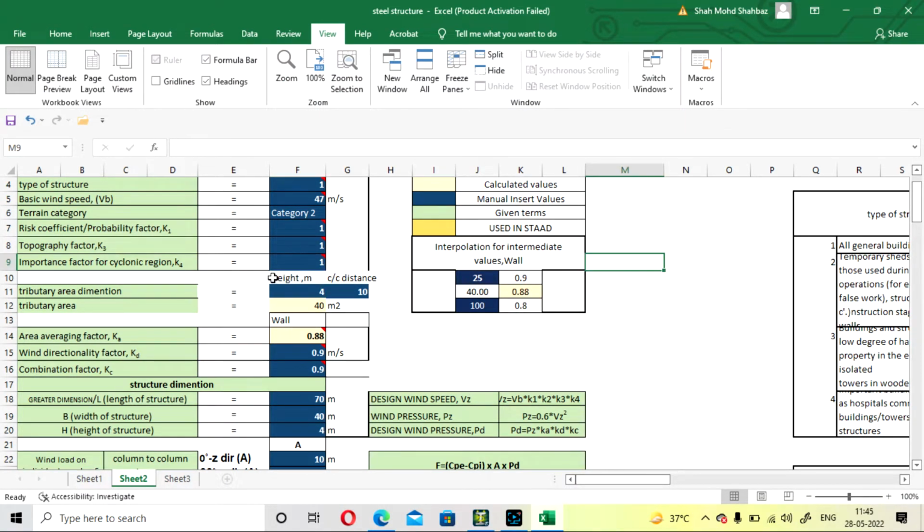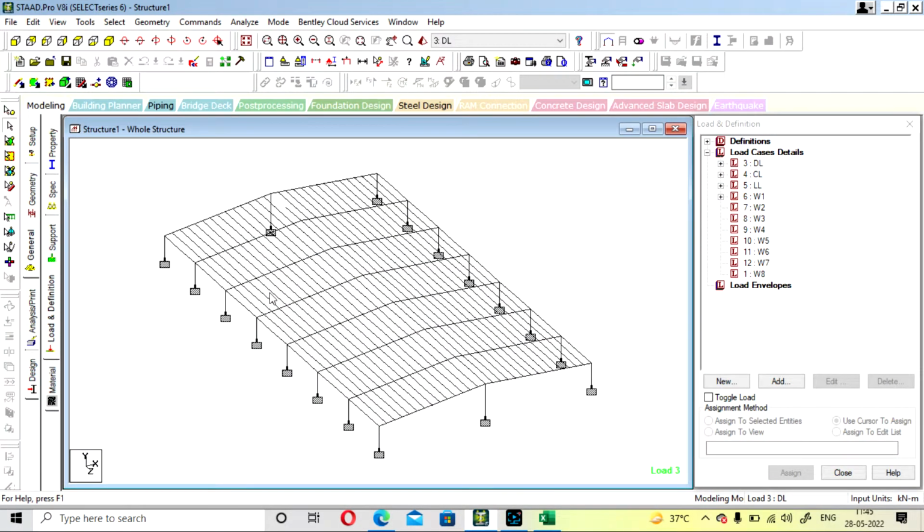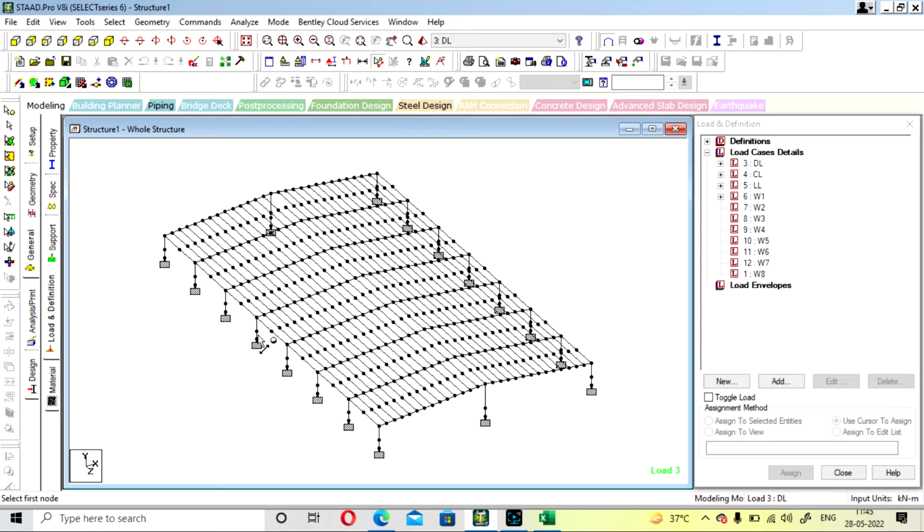Okay, and for the tributary area dimension, what is the tributary area dimension? If you go to the figure here, this column to column distance is your tributary area. Similarly here also, the column to column distance is your tributary area.